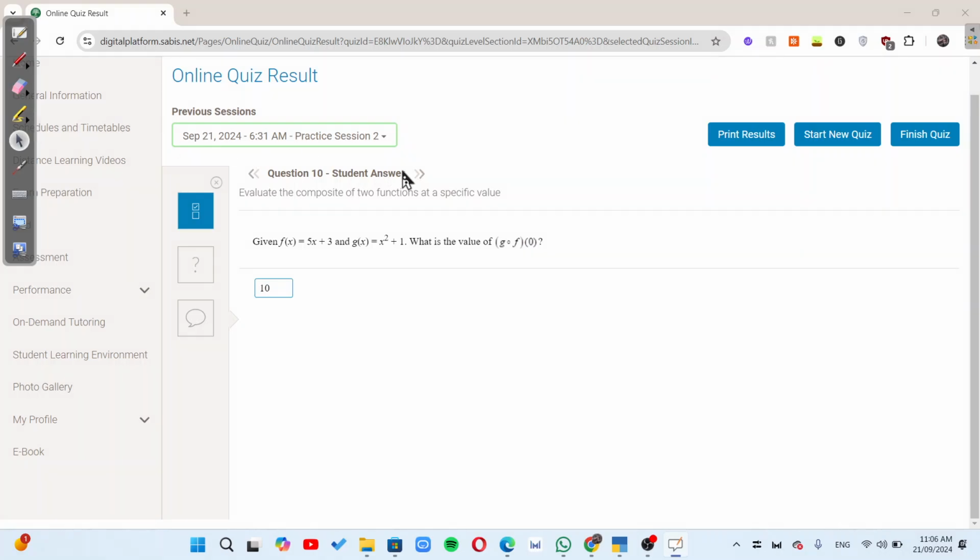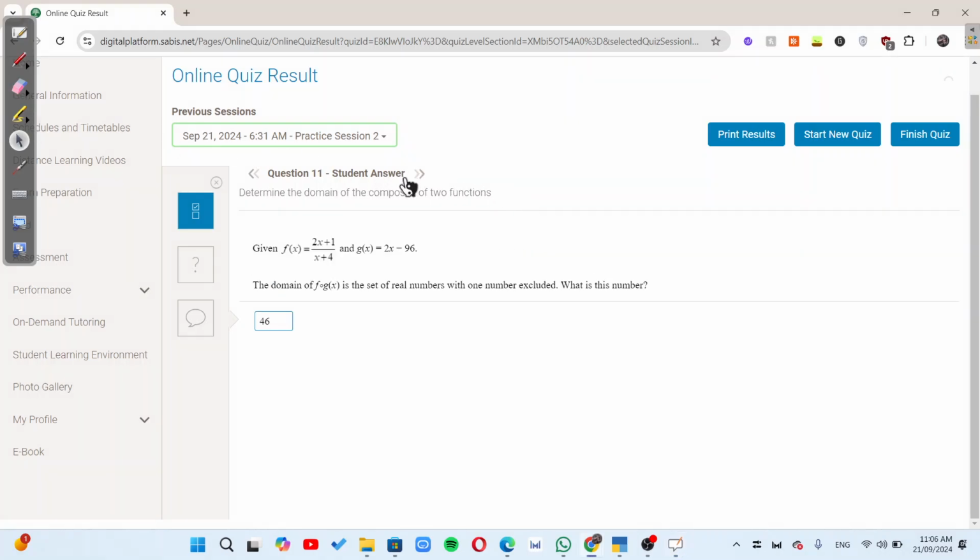Now, next question. So again, f∘g, the same thing, but now they want the domain. They're telling you that the domain is the set of all real numbers other than one number. So first you have to solve this and find what number the answer cannot be. So it's f∘g, and you put this every time you see an x in here.